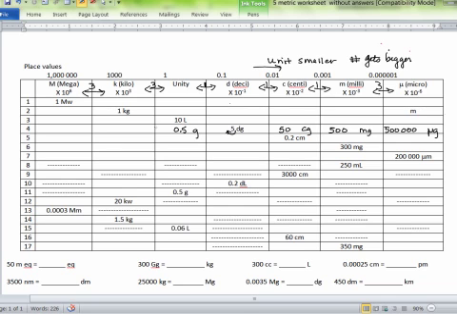For kilograms, I will need to go back 3 places. And then back to megagrams, I will need to move 3 more places. I can put a 0 in front of it if you like, or I don't need to.